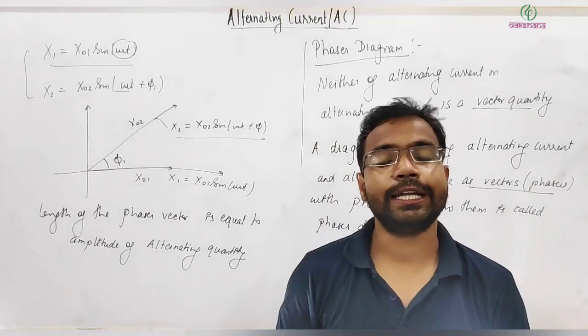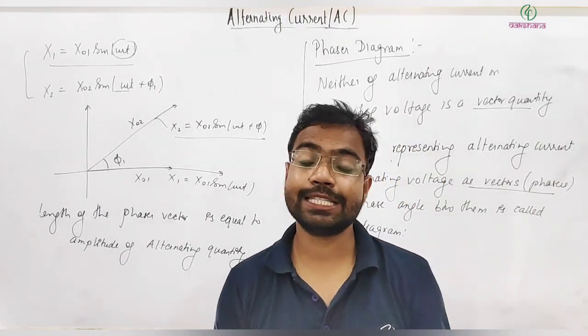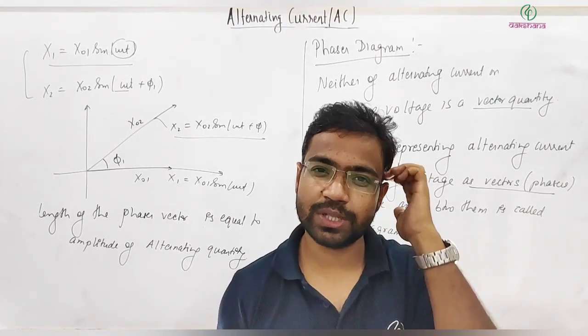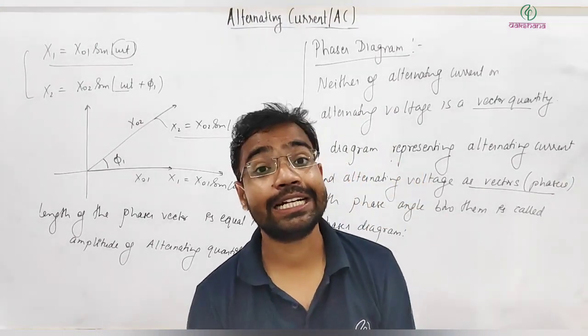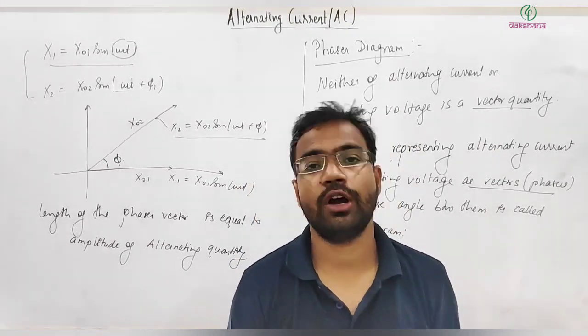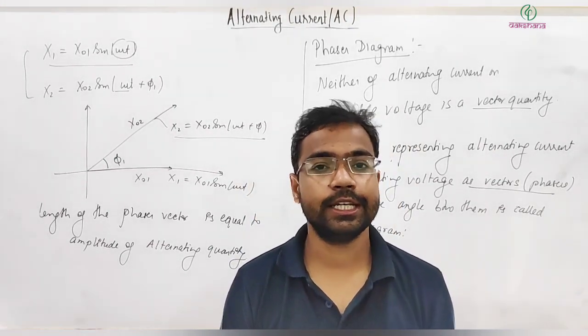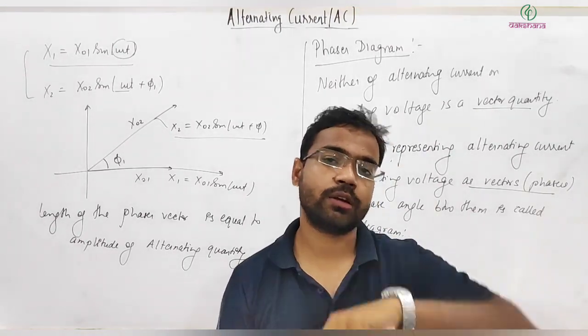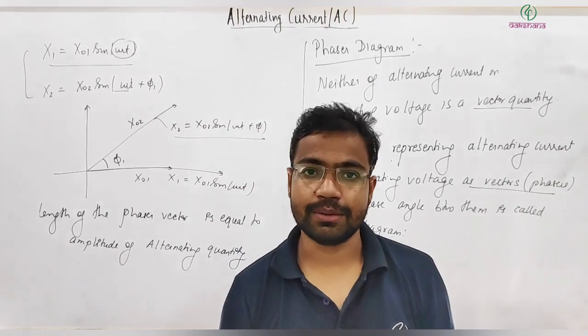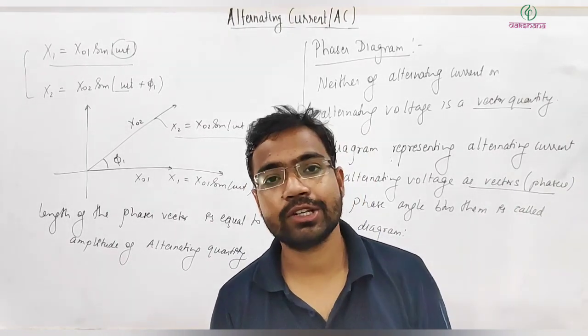We have alternating quantities, and just for your information, so that you can connect it: in uniform circular motion, we see the projection on x and y axis, right? So a particle moving on a circular path, we see its projection as SHM, right? And that is actually SHM.